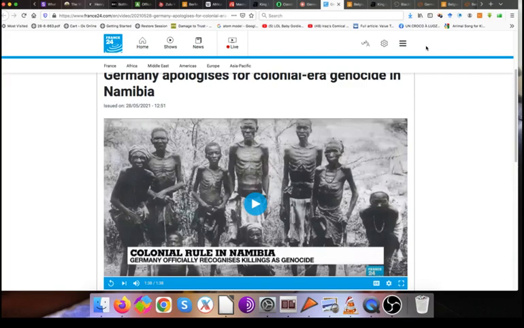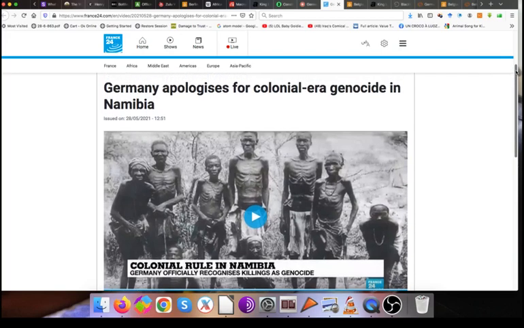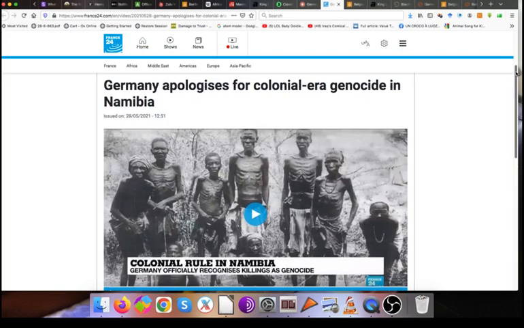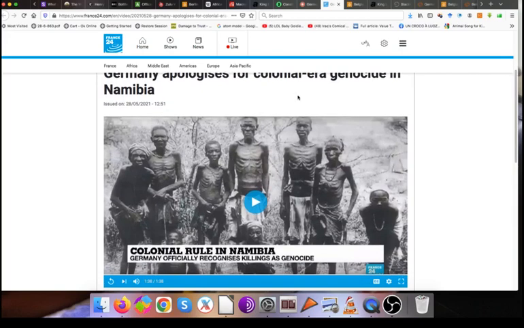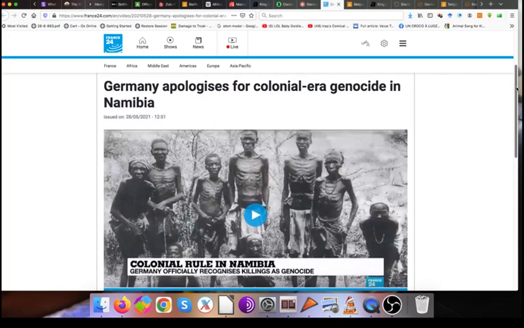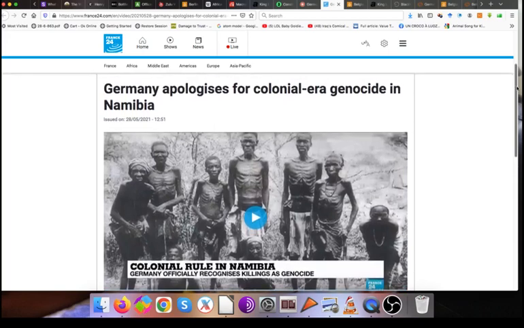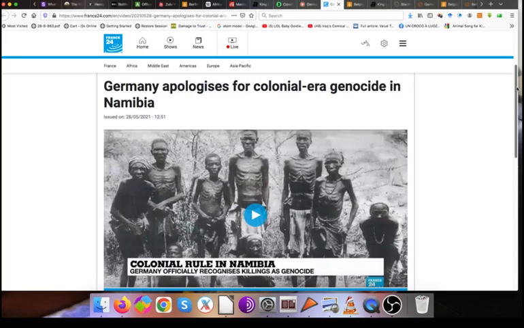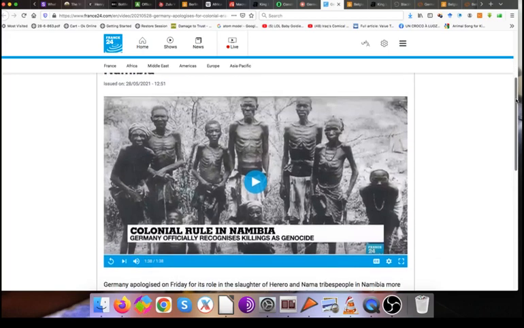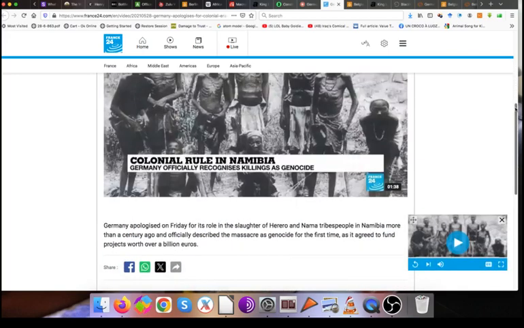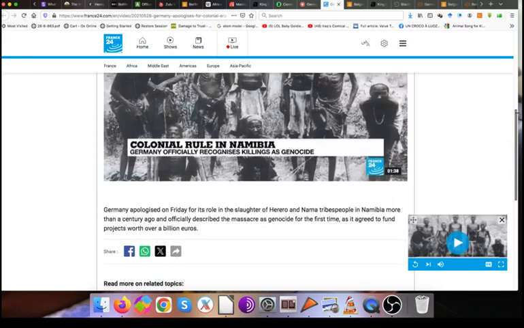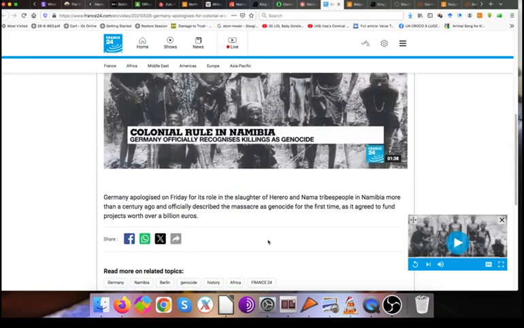And of course, the message got to other major European powers, and in 2021, Germany's foreign minister Heiko Maas apologized for the Herero and Nama atrocities and promised reparations, a fund of 1.3 billion in reconstruction and development. Yeah, so that's Germany apologizing for its role in the slaughter of Herero and Nama tribespeople in Namibia.